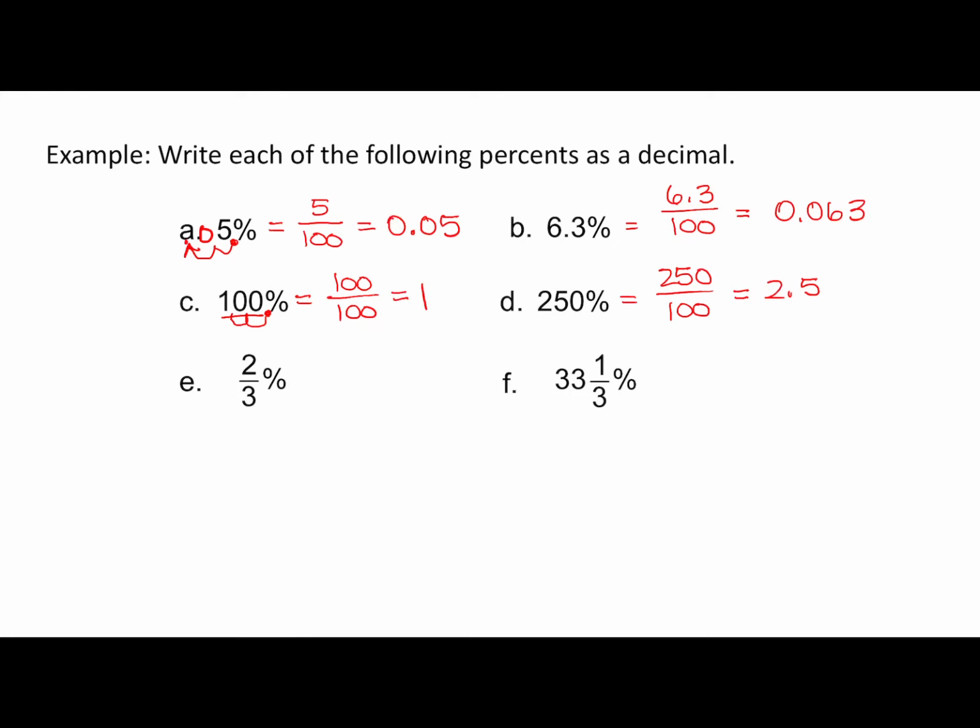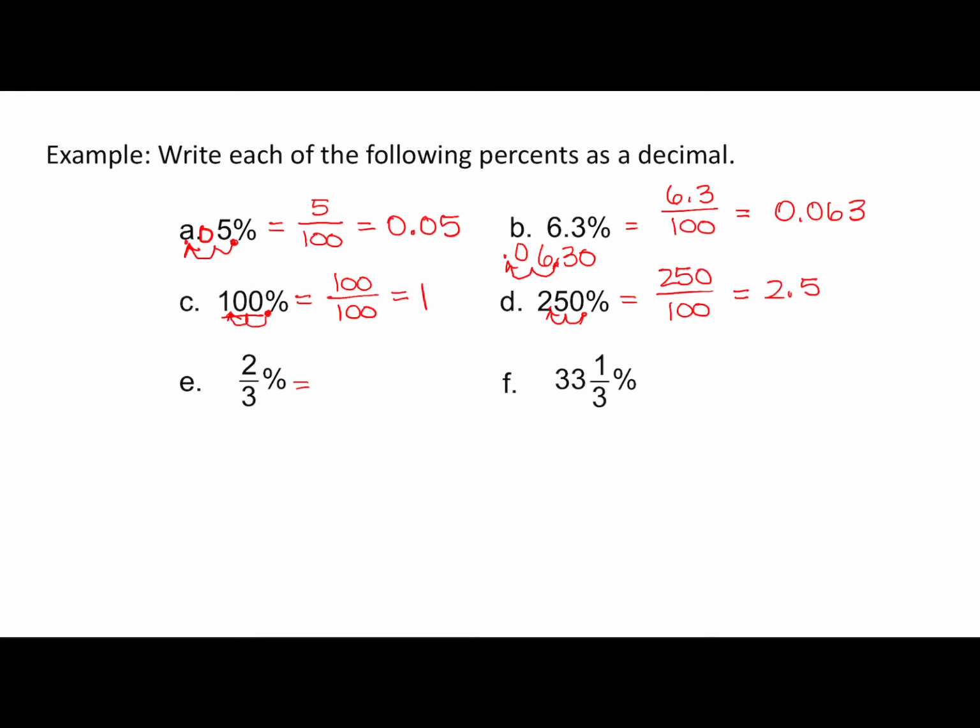If I move it 2 places to the left, I get 1.0. With 6.3, I have an understood 0 here, right? So when I move this decimal 2 places to the left, I get 0.063. With 250, 1, 2, I get 2.5, sorry.